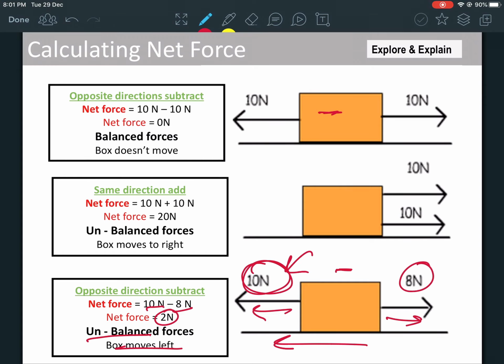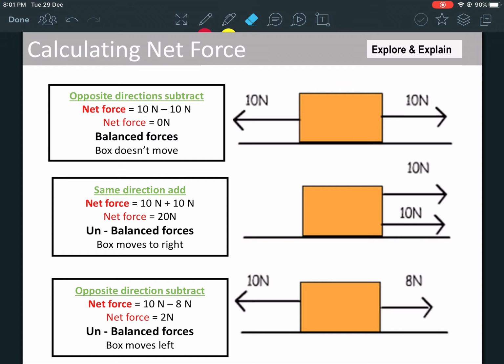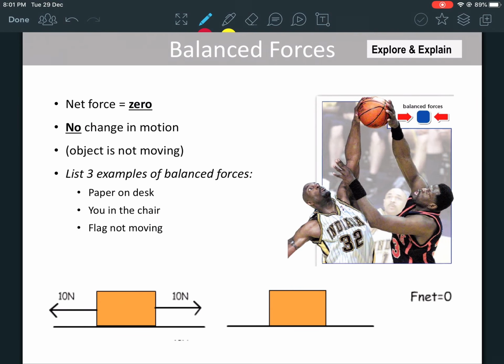So the person pulling the box this way would be able to pull it more, and it would move this way because he's pulling with more force. But basically, this is how you calculate the net forces. You either add if they are going in the same direction, or you subtract if they are going in different directions.